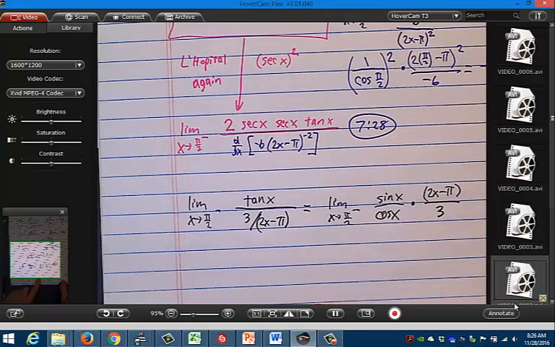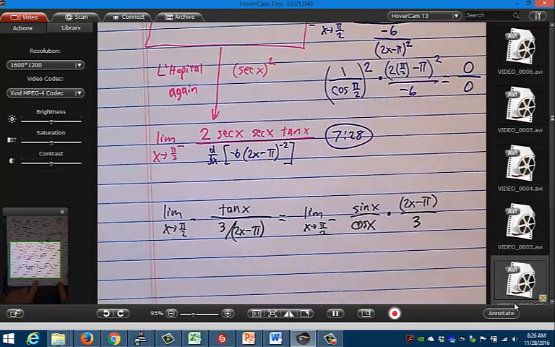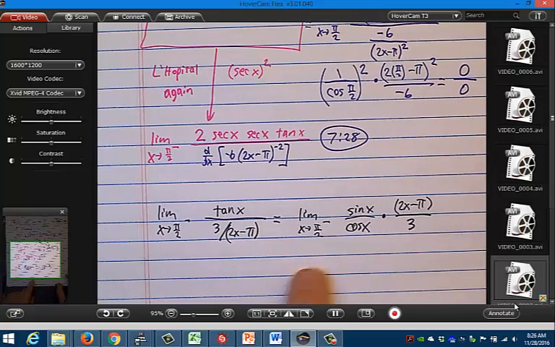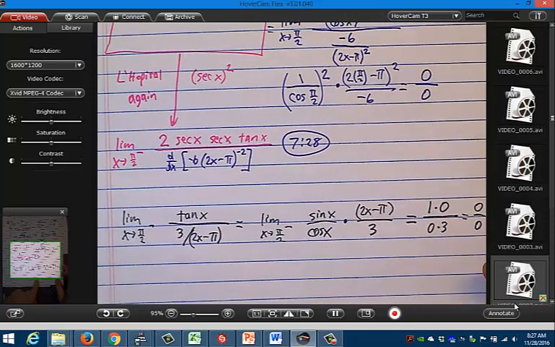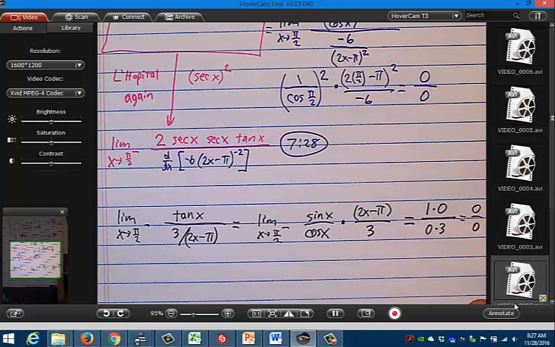Okay? So again, when I plug in pi over 2, kind of like happened before, I get 1 times 0 over 0 times 3. Instead of getting infinity over infinity, now I get 0 over 0. Right?